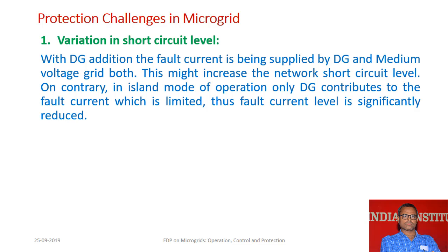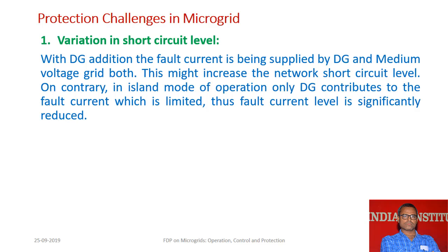When it is in the grid connected mode, suppose a fault occurred, the current will flow from the grid side and from the DGs also. So overall current is significantly high in the grid connected mode. Under isolated mode it becomes less because the grid is not connected and only DGs are supplying, so the fault current is significantly less.